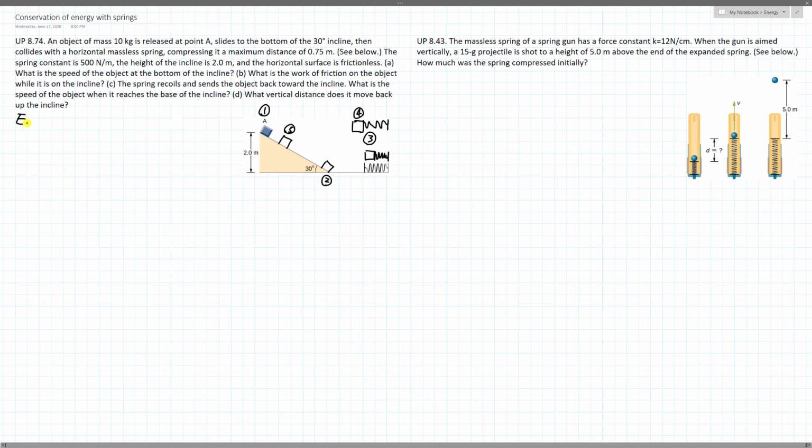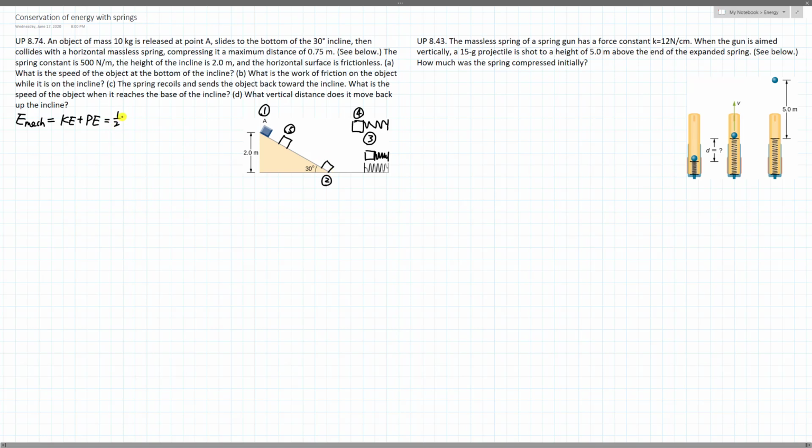So let's see. We want to just say that the mechanical energy is equal to, there are 3 parts, right? Kinetic energy plus potential energy, and the potential energy has both gravitational and the spring. And now you may have realized they do not change during the same process. When the gravitational potential energy is changing, the spring's potential energy isn't changing. This is why I picked this as the first question, because they don't change at the same time.